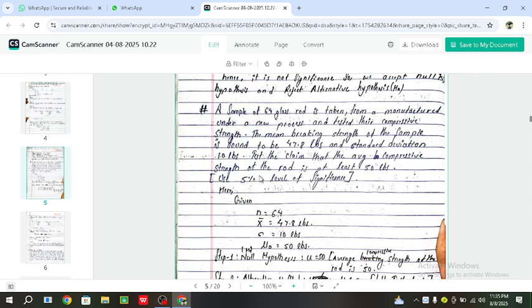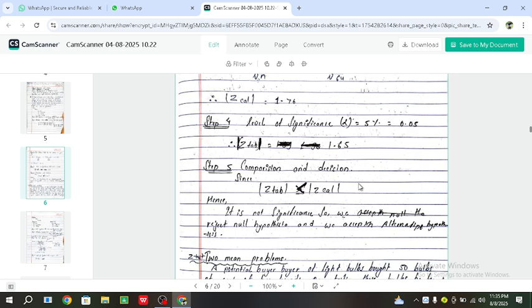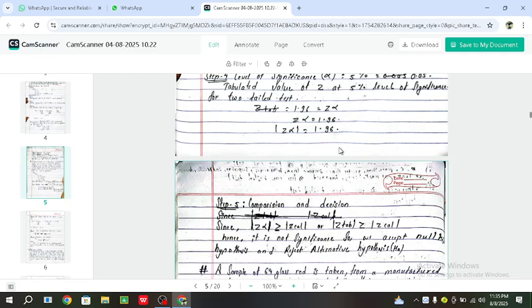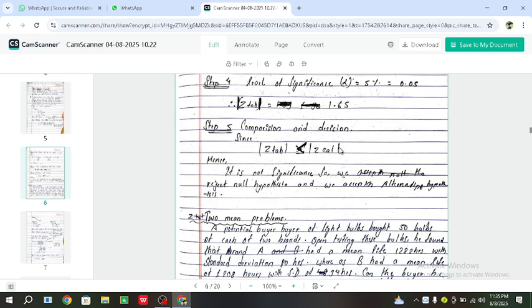Always remember the Z value at 5% is 1.96 for the two tail test, but for one tail remember that it is 1.65.